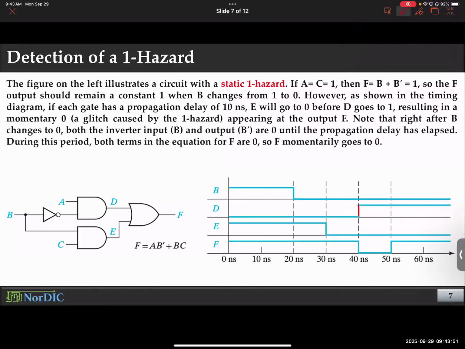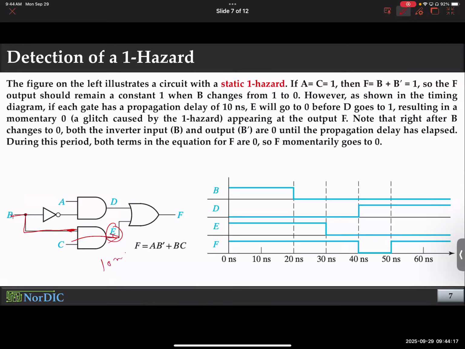Okay, now then what? So when D changes, E should also change because B changed from 1 to 0. So output E should also change. But notice E changed sooner than D. Don't you see that? Why is that? The same argument. To get to output E, your signal didn't need to go through the inverter, just one logic gate.